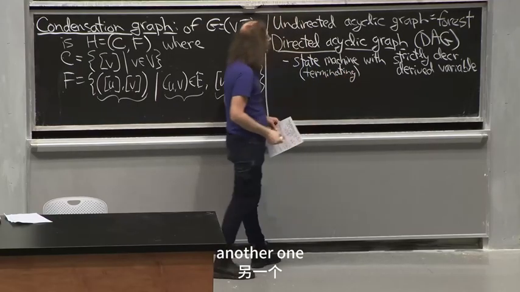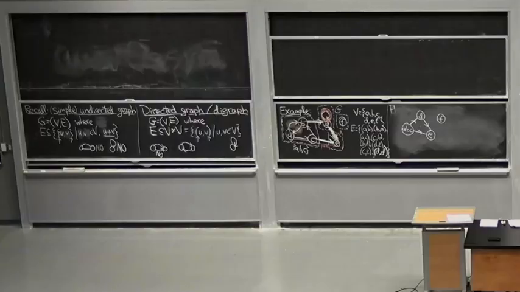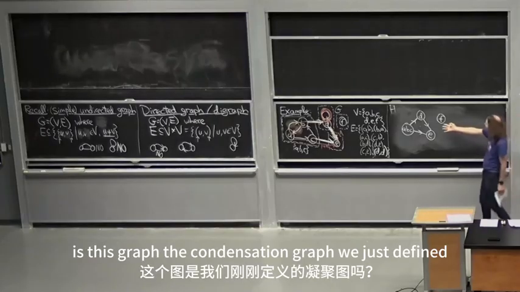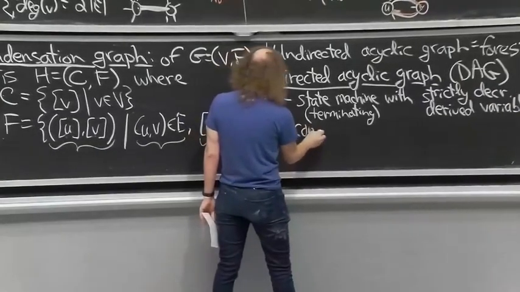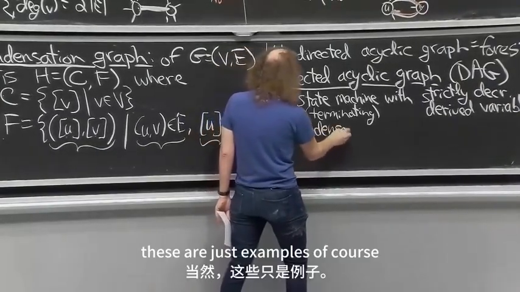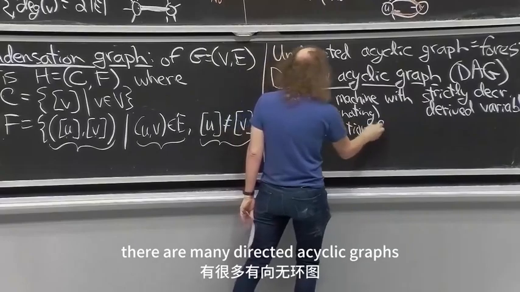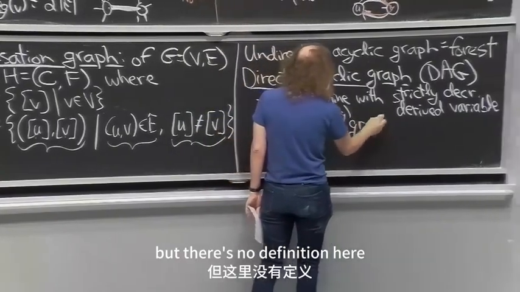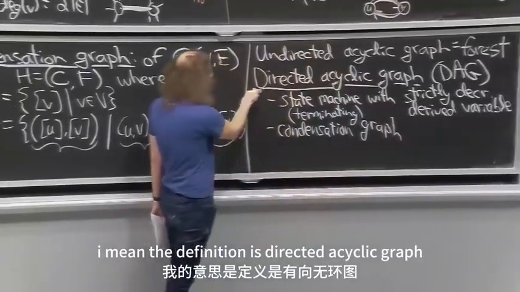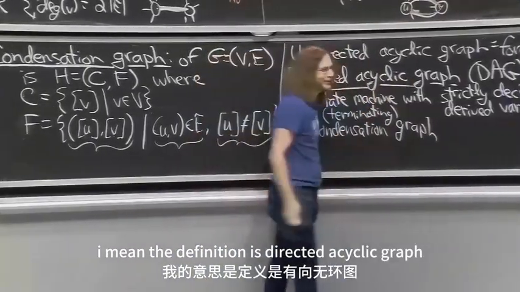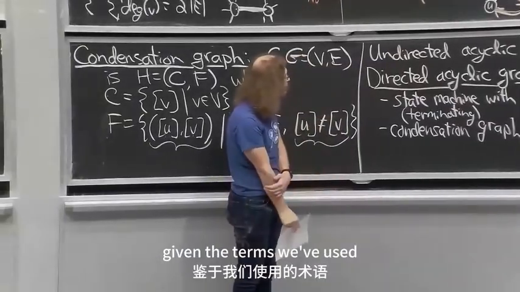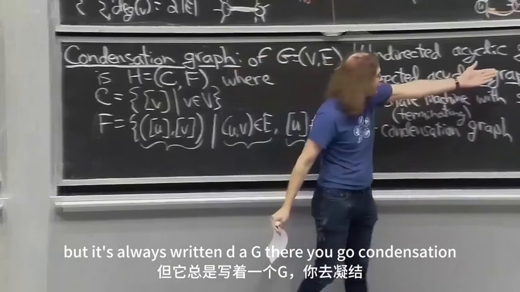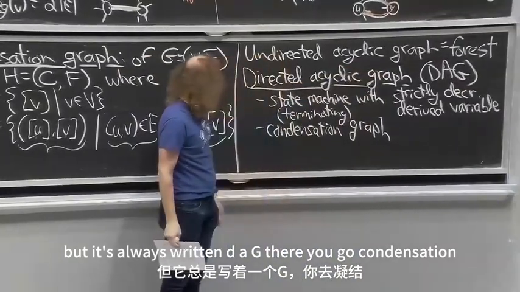Good. Another one is this graph, the condensation graph we just defined. Maybe not obvious. These are just examples. Of course, there are many directed acyclic graphs, but there's no definition here. I mean, the definition is directed, acyclic, and graph. Or I guess you might say acyclic digraph, given the terms we've used, but it's always written DAG, so there you go.